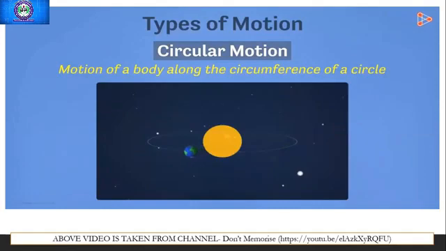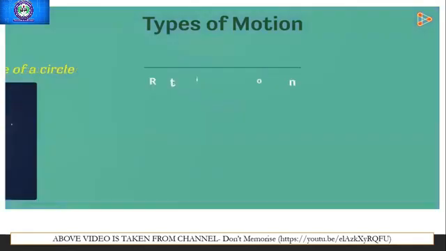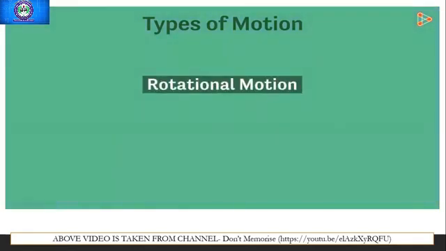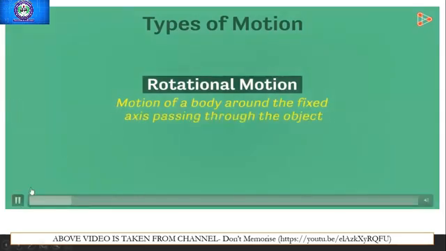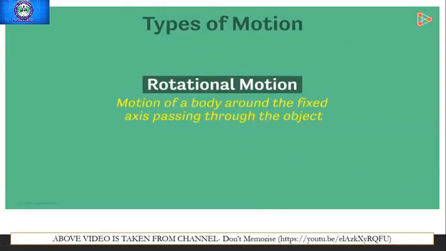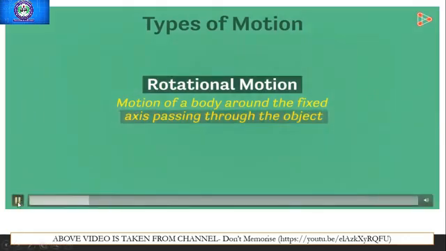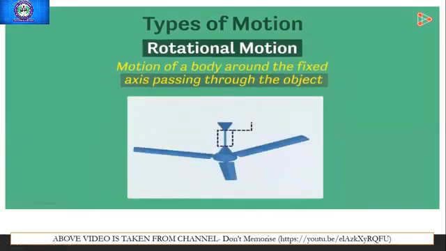The third type of motion that we saw is rotational motion. It is the motion of a body around a fixed axis which is passing through the object. This is important: the axis has to pass through the object. An example of rotational motion is a ceiling fan rotating along its axle.